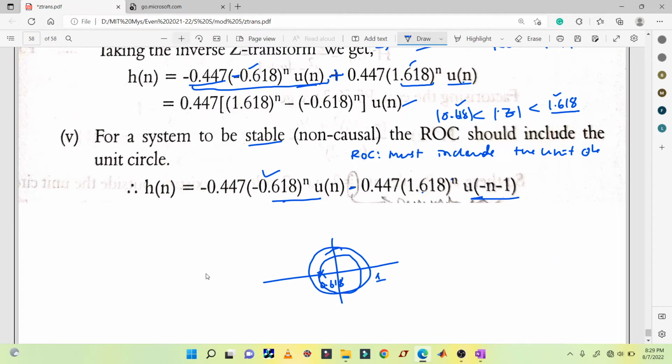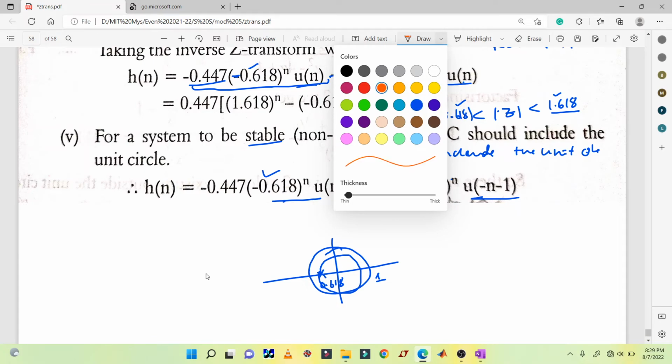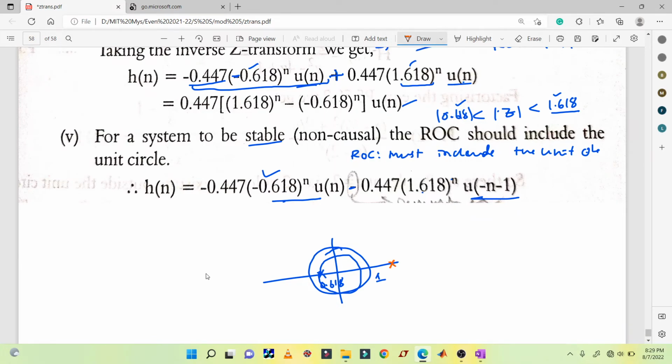Okay, and another pole is at 1.618, so I will draw another circle like this. And the ROC must include the unit circle.